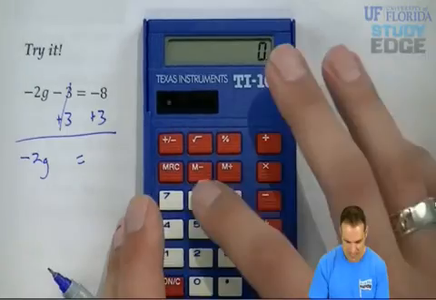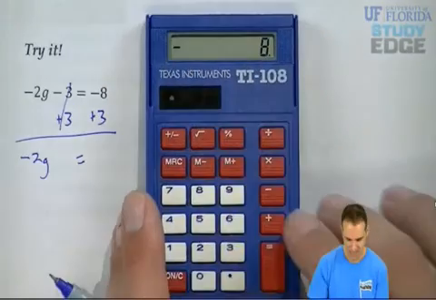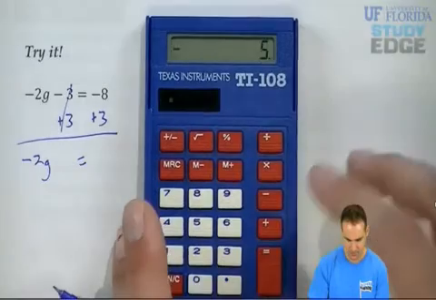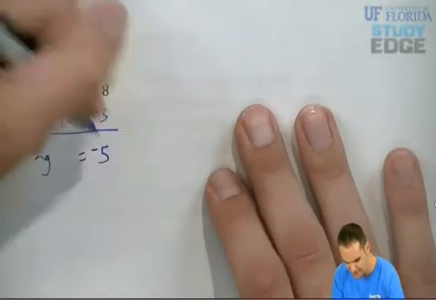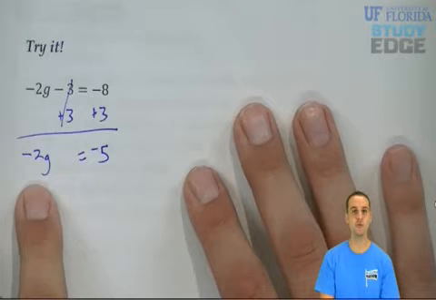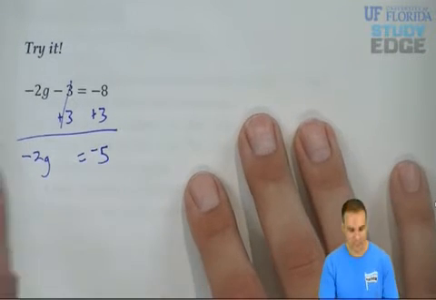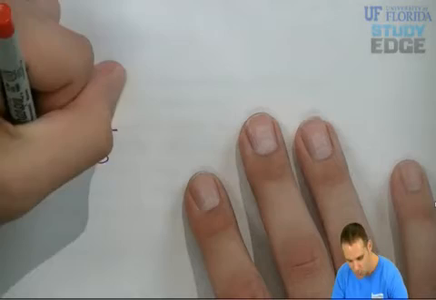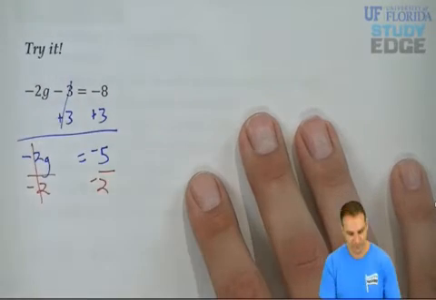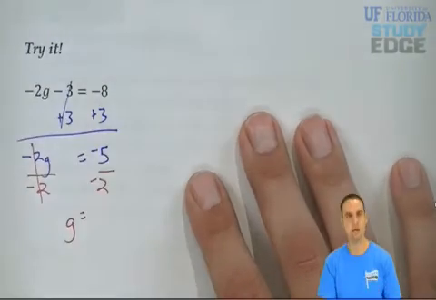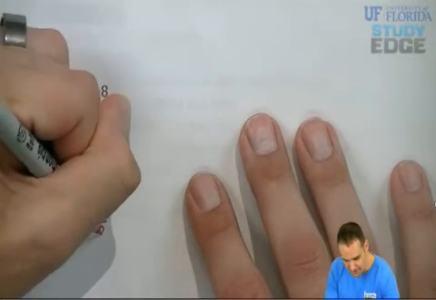Let's use it. 8, make it a negative. There it is. Add 3 more, and we get -5. -2g equals -5. -2 multiplied by g, -2 times g, we're going to divide by -2. The -2's simplify, and we're left with g equals negative over negative is positive, and that would be 5/2.